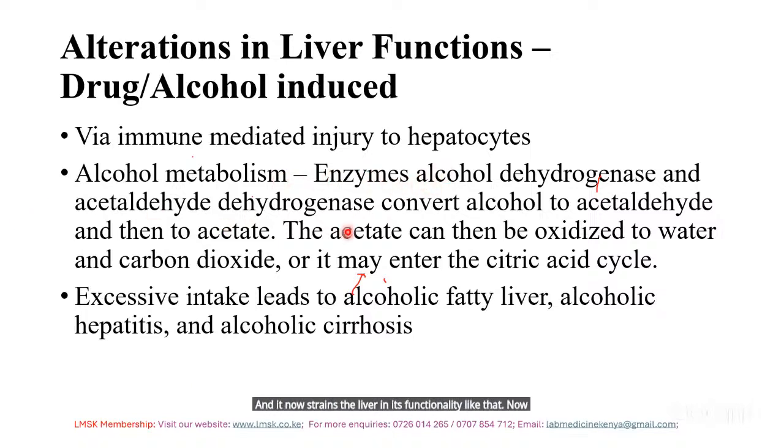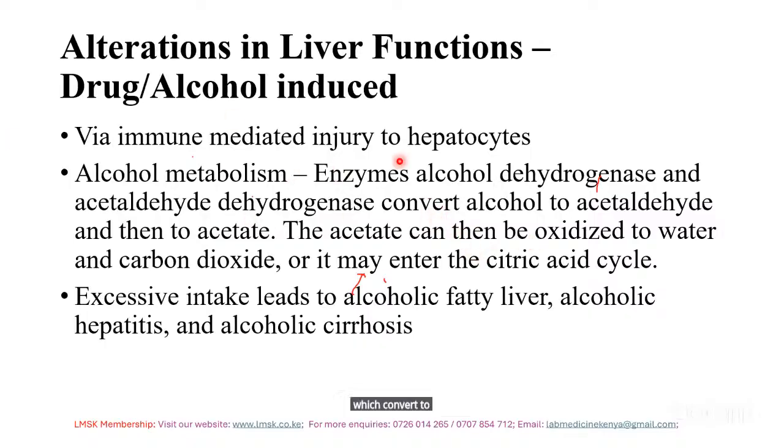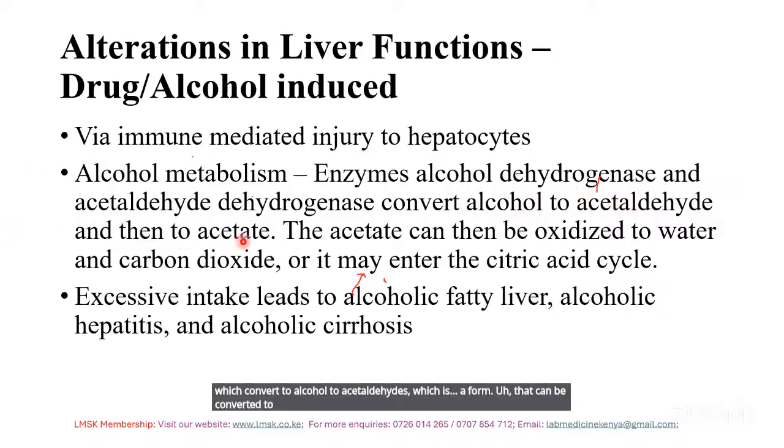Now, alcohol metabolism involves the use of the enzymes alcohol dehydrogenase and acetaldehyde dehydrogenase, which convert alcohol to acetaldehyde, which is a form that can be converted to acetate here.